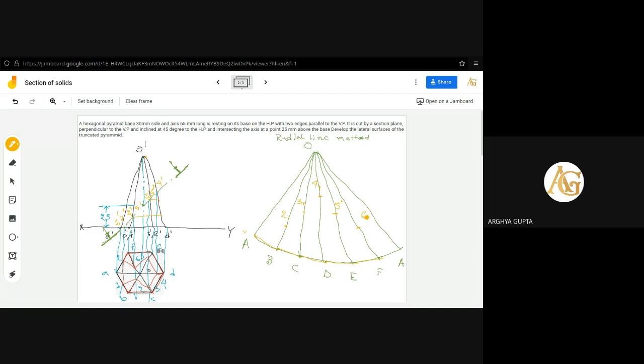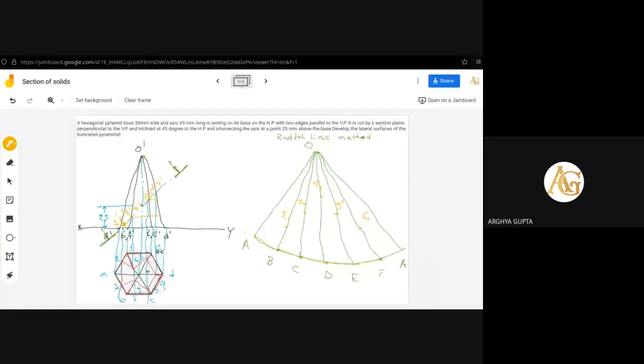Okay, now 1 and 7. Now for 1 and 7, the slant edge is not cut. The whole slant edge OA is omitted, isn't it? But on the AB line and the AF line, 1 and 7 are found, isn't it? Sorry, this is 7, I made it incorrect.